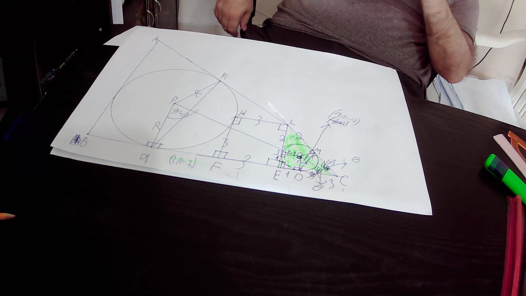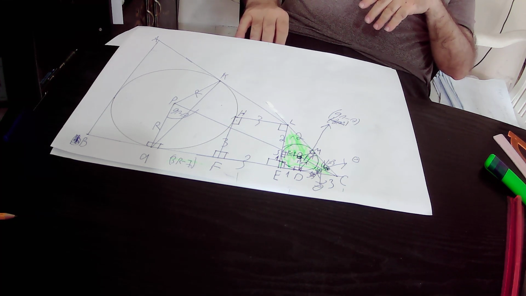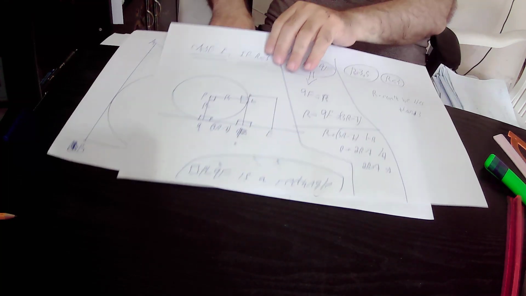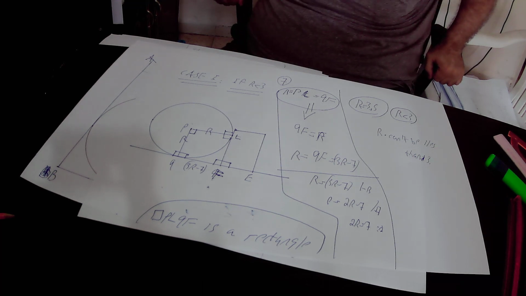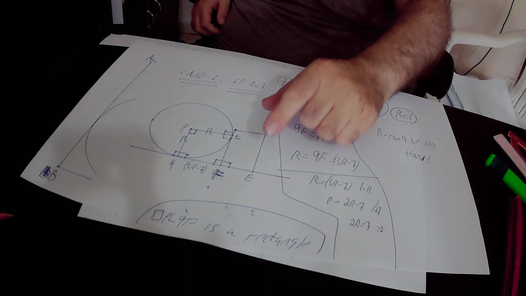And the first possibility is that the radius of this big circle will be greater than 3 units. So according to the first case, if R is less than 3 units, then we will have this drawing.